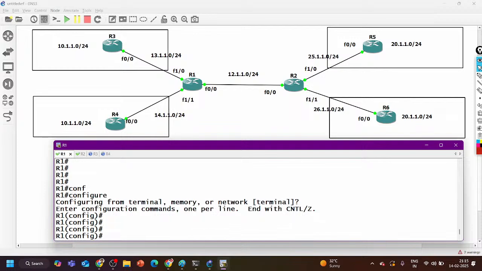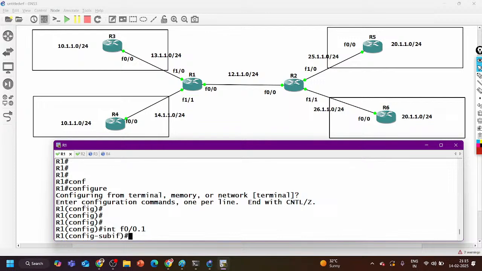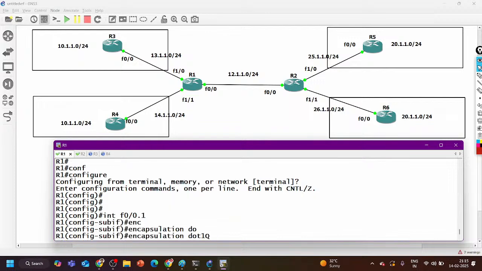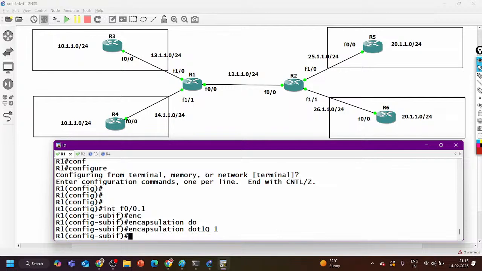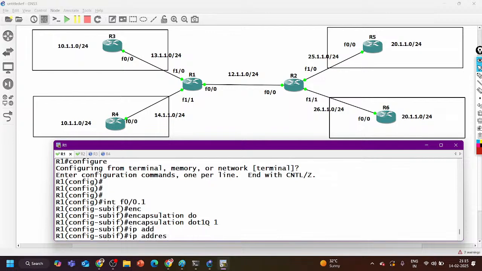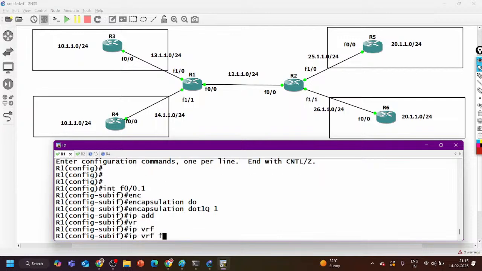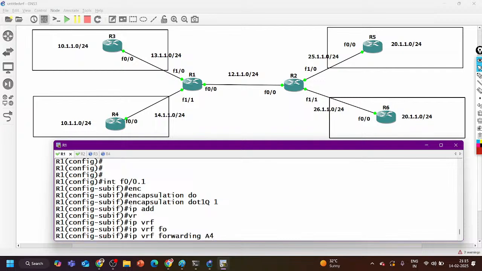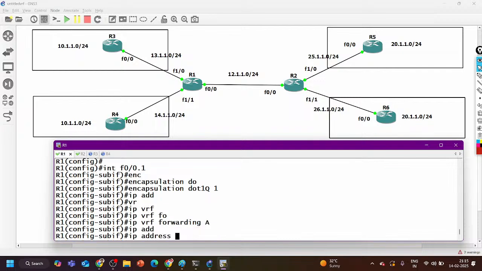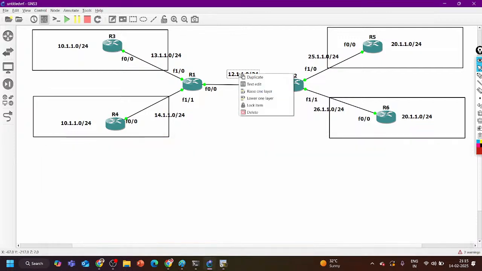Yes, sir. So right now my f0/0 is a part of the global routing table. Let me create the subinterface f0/0.1 with encapsulation dot1Q for VLAN 1, for example, and here the IP address. Before the IP address, IP VRF forwarding A, and then the IP address. Let's say 12.1.1.0 is there and 21.1.1.0 is there.